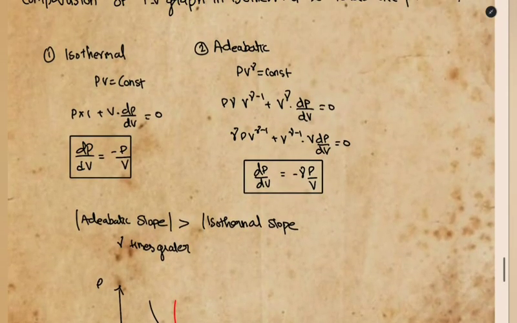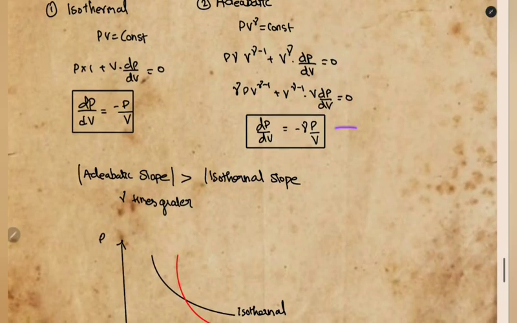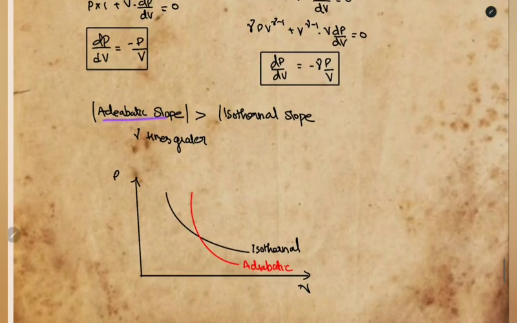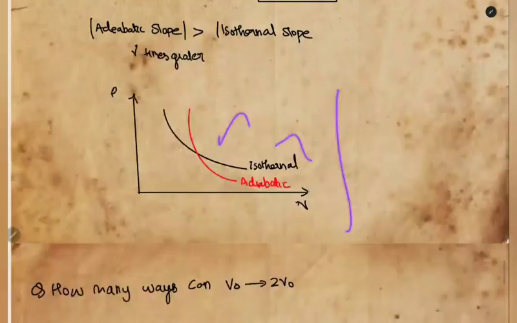They've actually found how to find the slope, and then they've compared the slope. To understand this, you must know some transformation of graphs. But if you don't know those, simply understand that the adiabatic slope will be greater than the isothermal slope, and it will be gamma times greater. Remember this.